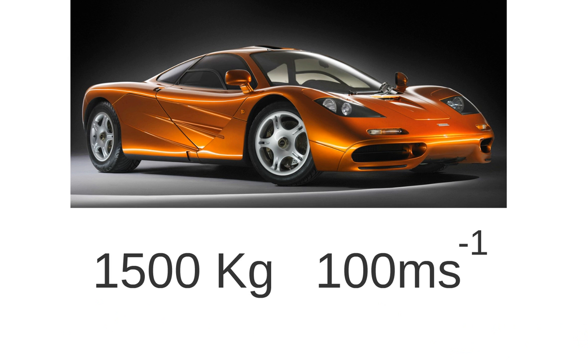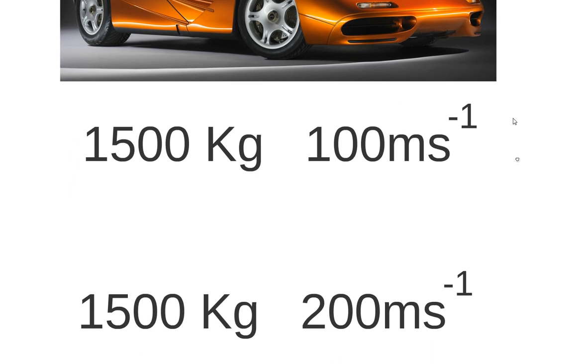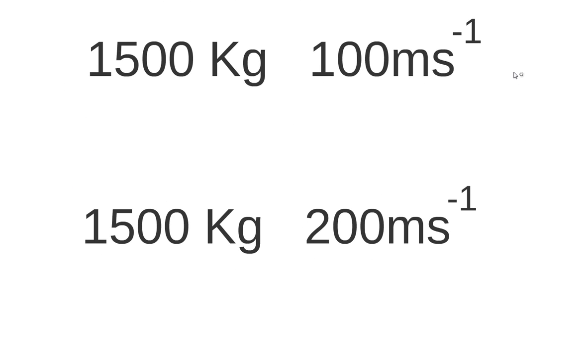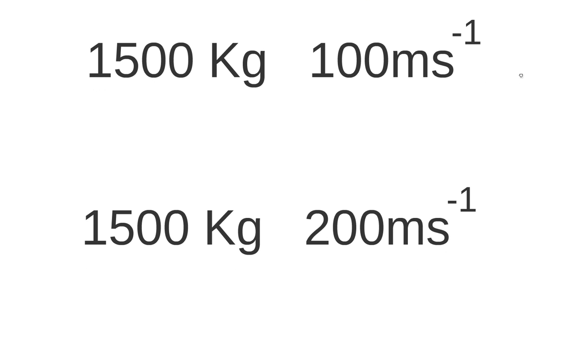What happens if we double the speed? So if we double the speed over here, now I've got 200 meters per second, what's going to happen to this now? So we go half, EK, kinetic energy, equals half mv squared.